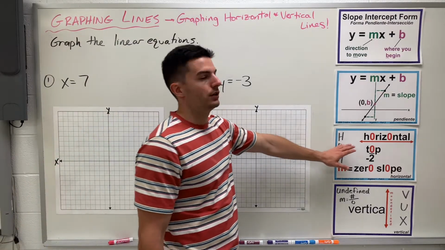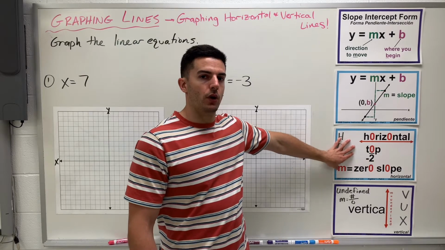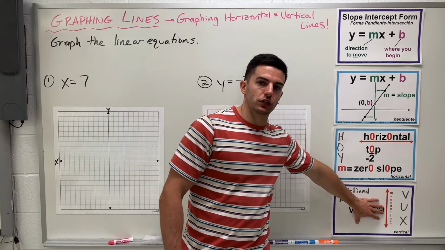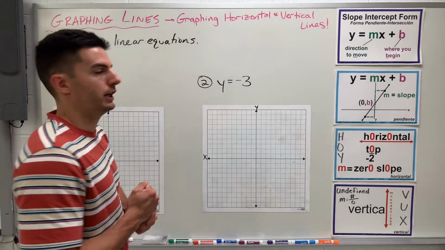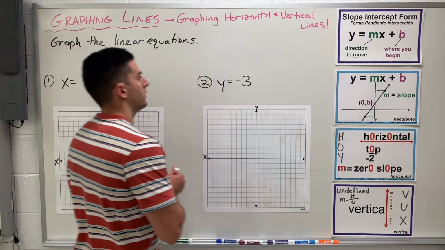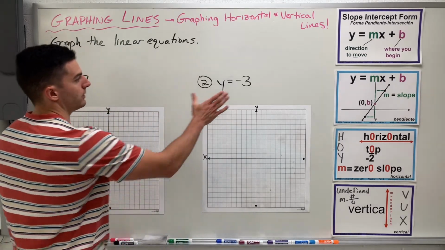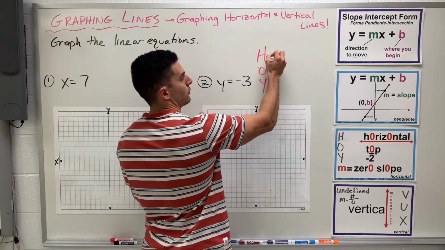There are some acronyms that can be helpful to remember. HOY, H-O-Y, and VUX, V-U-X. Let me talk about what these mean because they can be helpful to you as you learn how to do these types of lines. HOY is going to be applied to number 2. The H stands for horizontal.